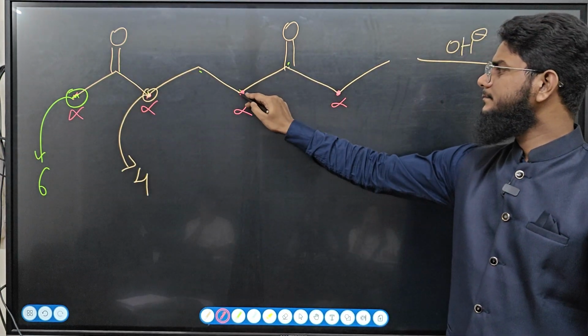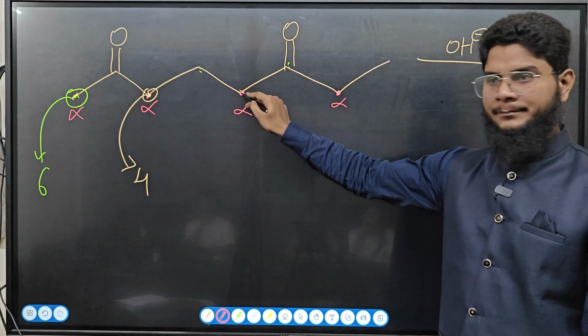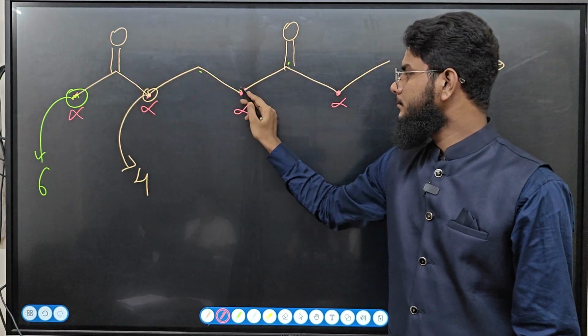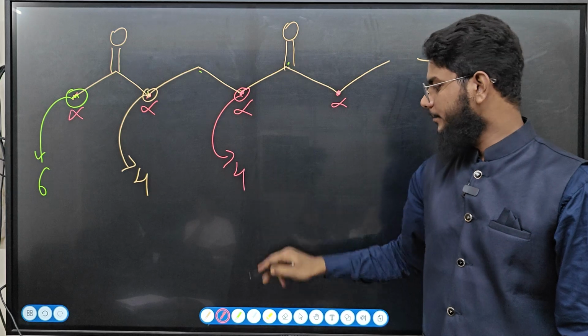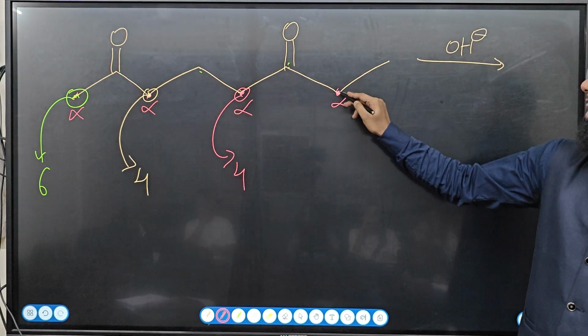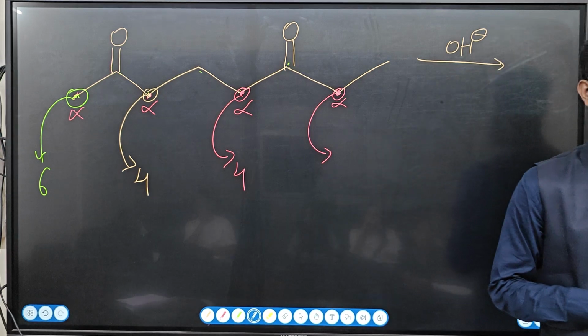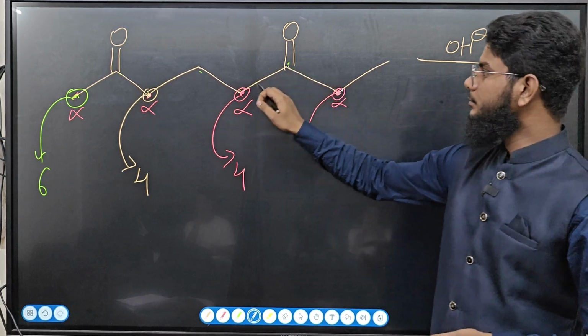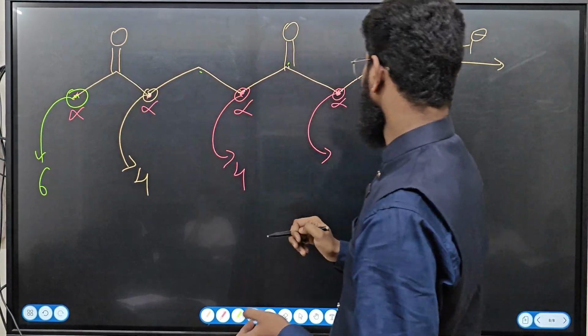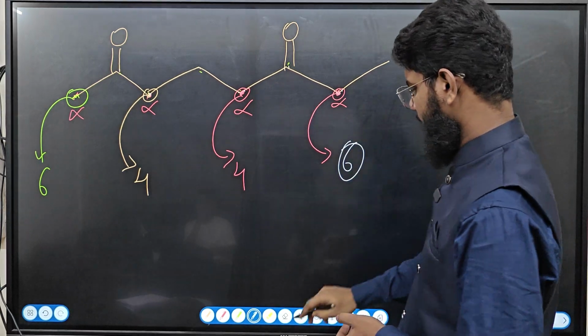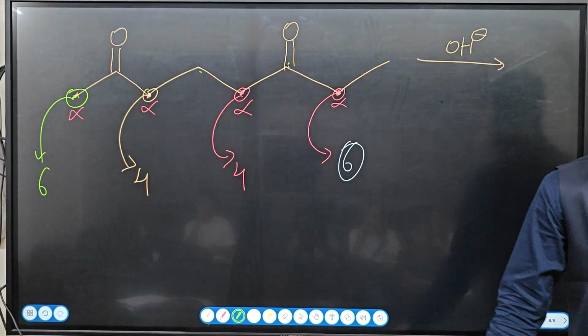What about this? Same. 1, 2, 3, 4. From this position also you are getting a 4-member ring. And in this case, how many member ring are you getting? 6. 1, 2, 3, 4, 5, 6. So you are getting 6-member. What will be your product?